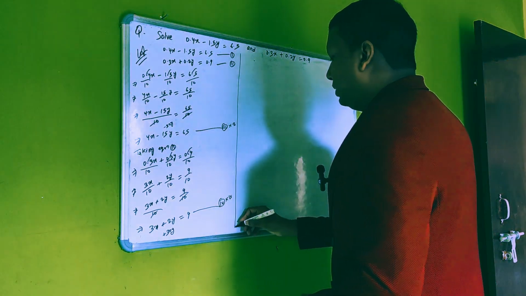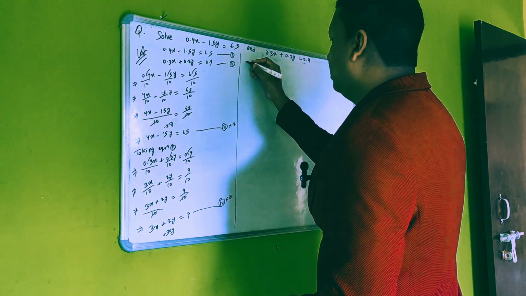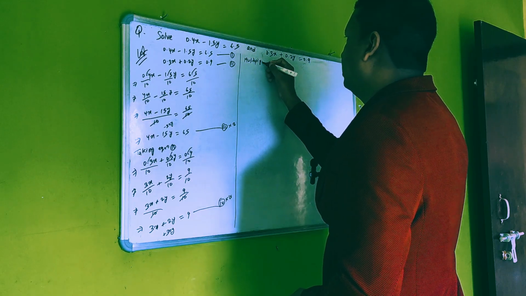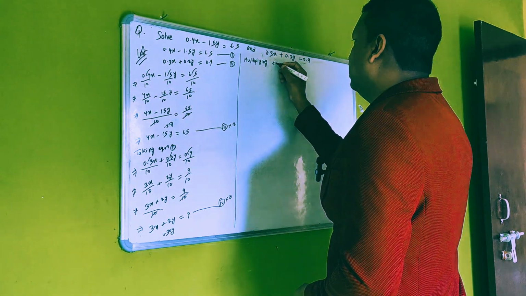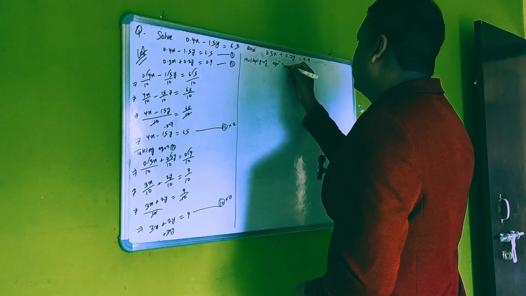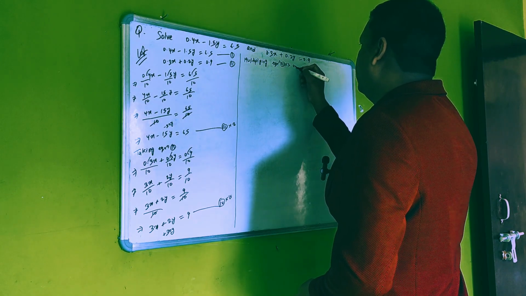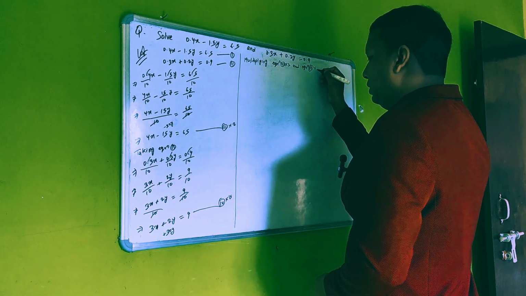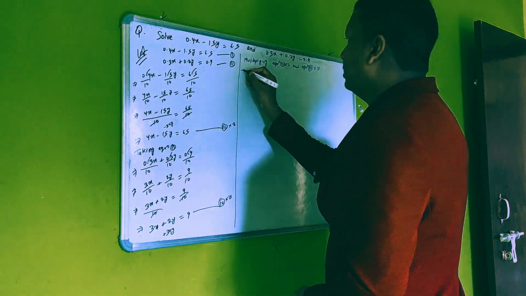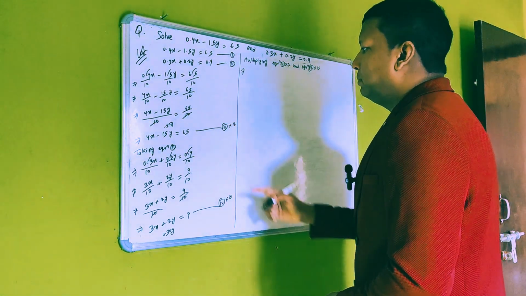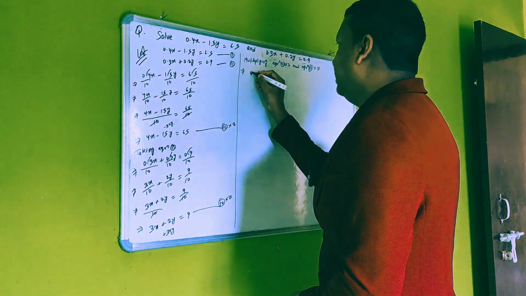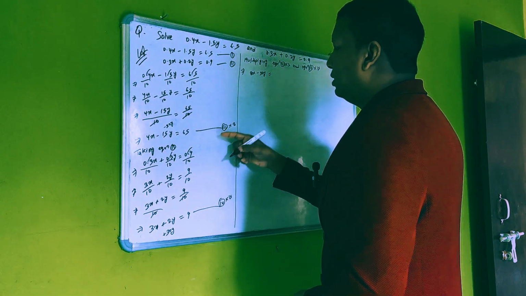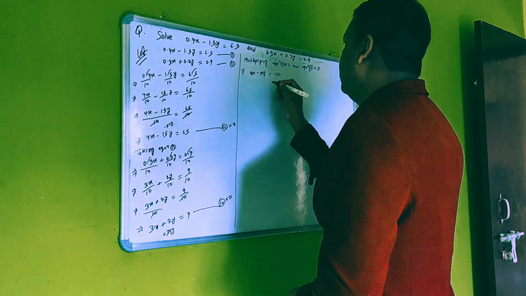So we write: multiplying equation 3 with 2 and equation 4 with 15. After that, let's multiply. 4 into 2 gives 8x, then the y term, and 65 into 2 is 130.